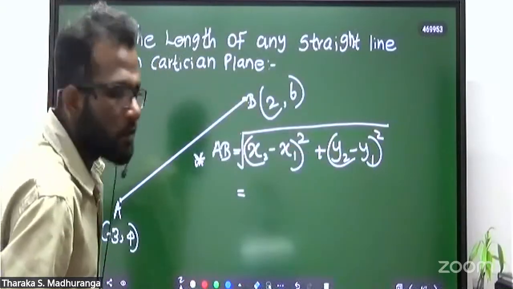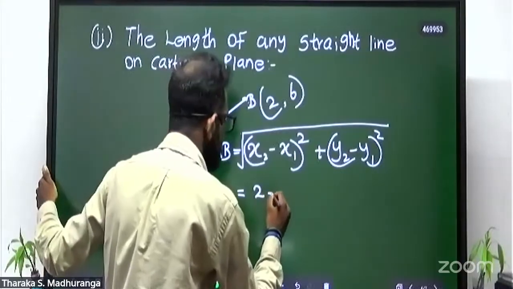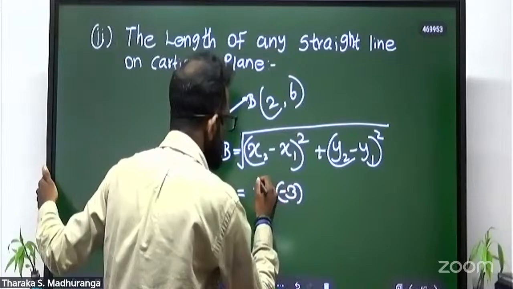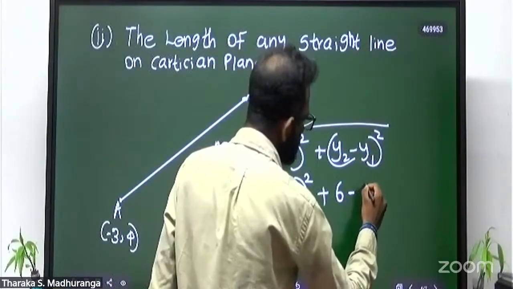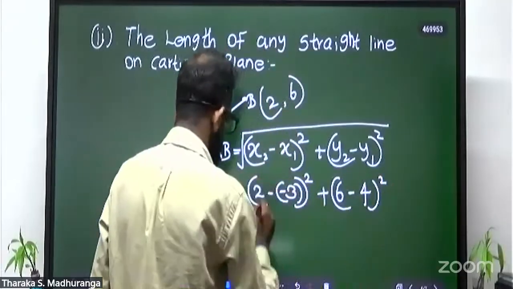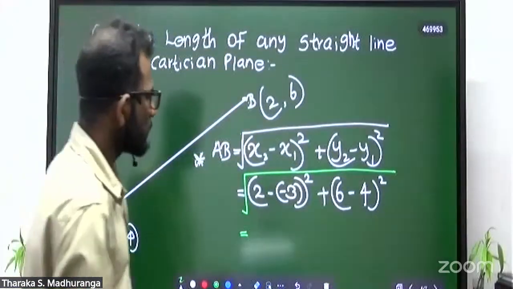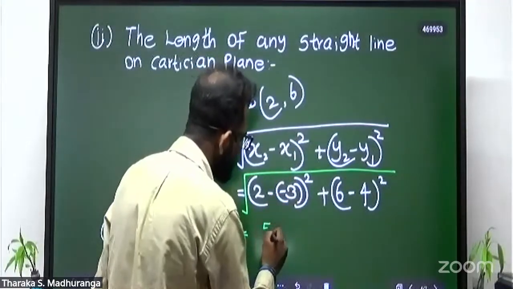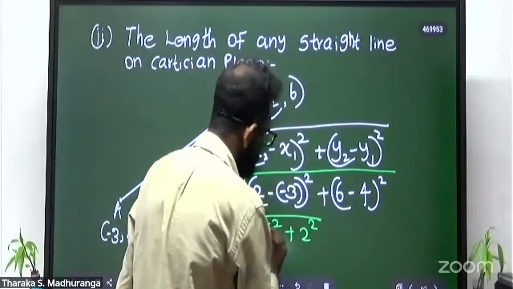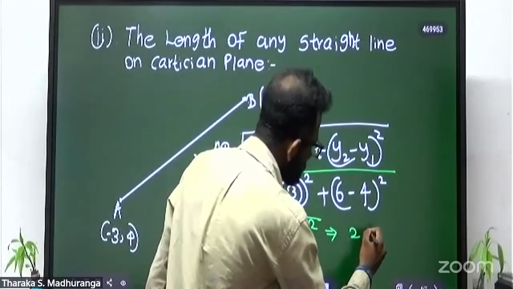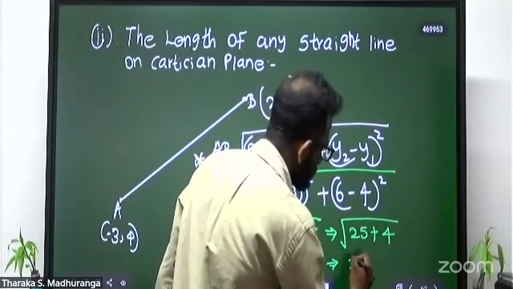x2 minus x1 means 2 minus 3, squared, plus y2 minus y1 means 6 minus 4, squared, and square root. 2 minus minus 3 is 5 squared plus 2 squared, square root, that equals 25 plus 4 square root, equal to square root of 29 units.